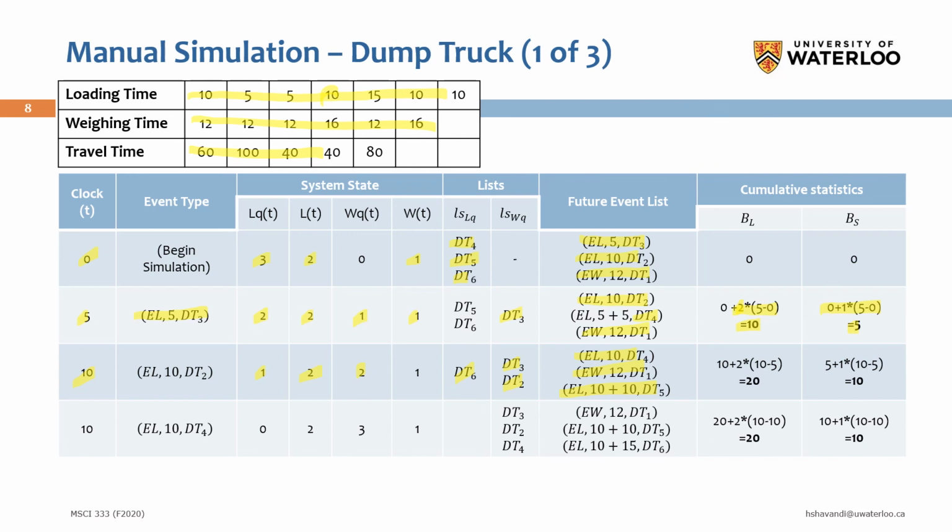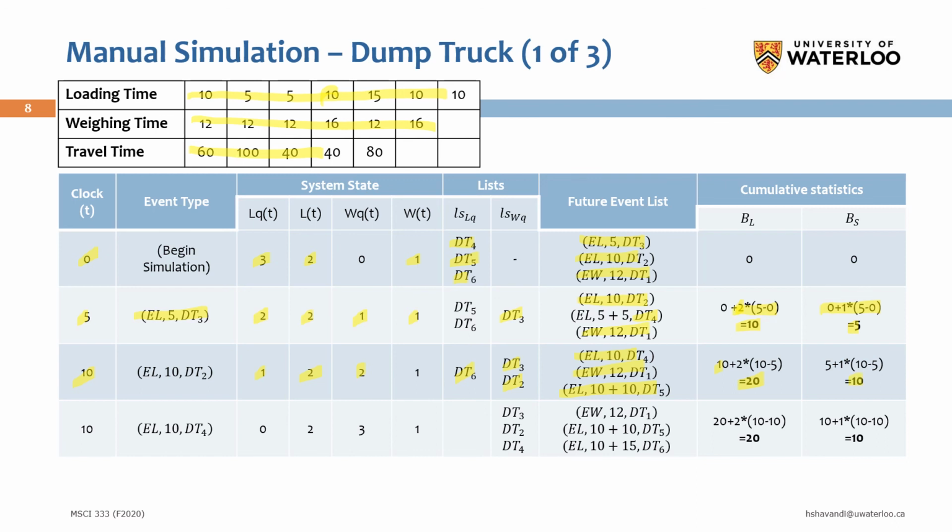Okay, so we are at time 10, and again it's cumulative, so the previous time was 10 plus 2 times 10 minus 5, so both loaders were busy during these 5 minutes, so in total it's 20 minutes as the uptime for the loaders, and same for the scale.